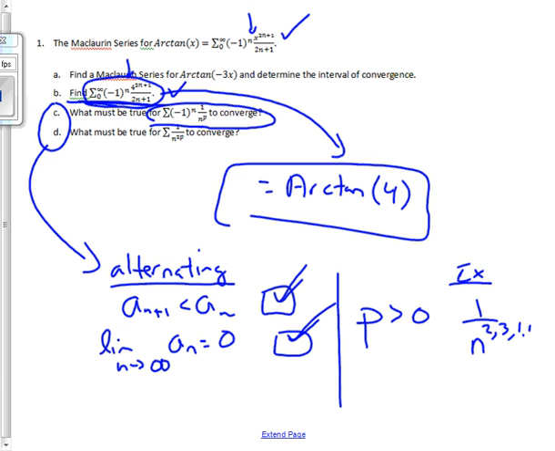As long as these are positive exponents, 1 over n to the p will decrease and meet these conditions. And this is part C. So the answer, p must be greater than 0.